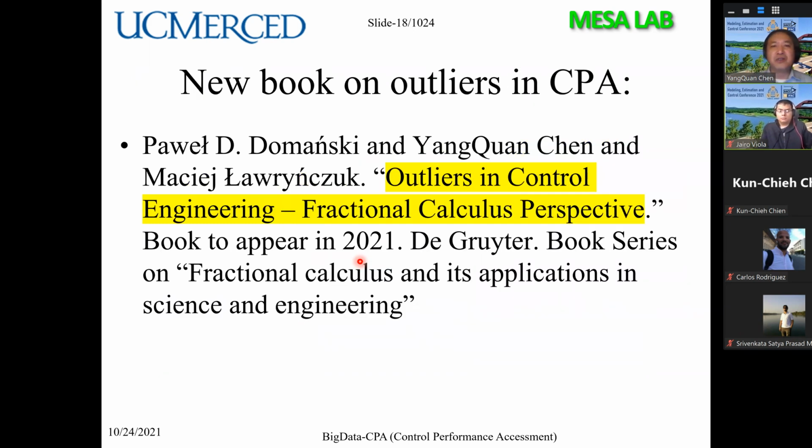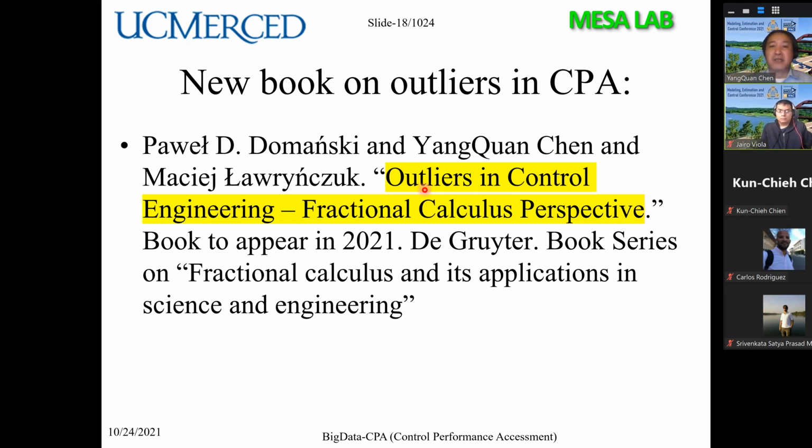I also want to draw your attention to our book on outliers in control performance and control engineering, because we find there are lots of outliers in our big data. For sure, you will have them. A traditional wisdom is to kill those outliers or simply remove them. That's not right. How do you know the outliers are not part of the dynamics or behavior?